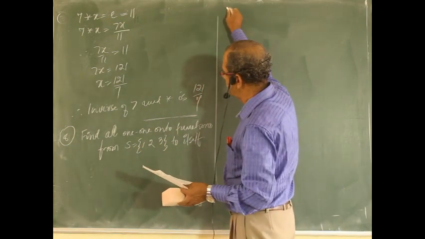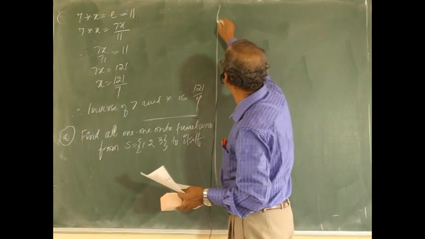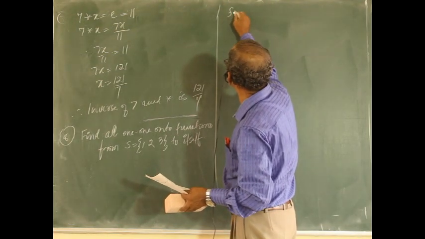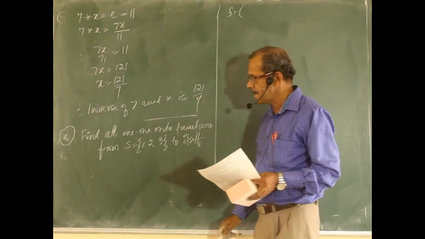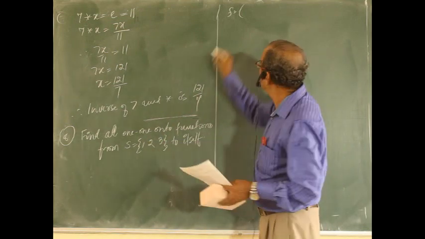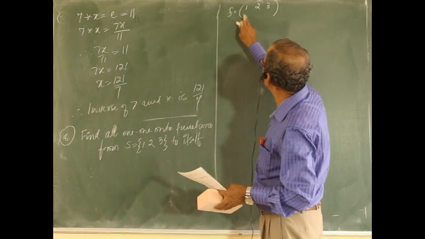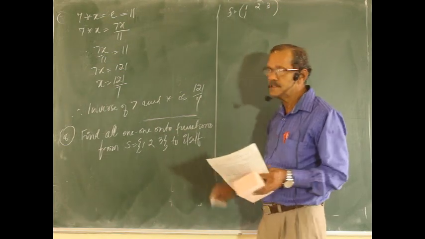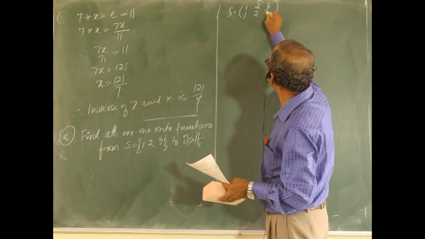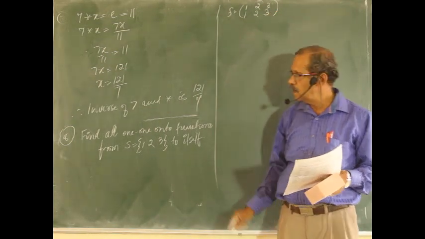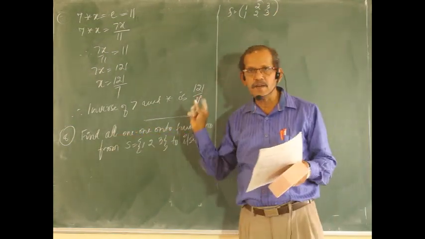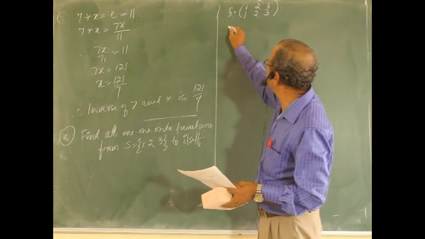Let me write like this. Instead of drawing the figure, f is the first function. It is defined, let me write like this: 1 can be given to 1, 2 to 2, 3 to 3. Find all possible ones. So first one is written.